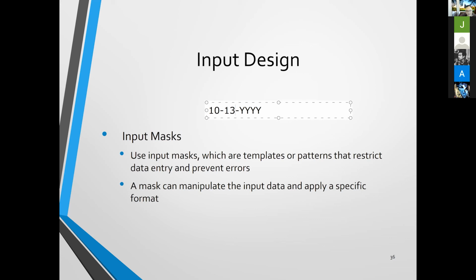When the users have to enter, they can enter just this. For example, if they enter 10, the dash symbol is not deleted, it shows like this. And then the user has to enter the month. If the user enters 13, that means they entered the wrong format already.